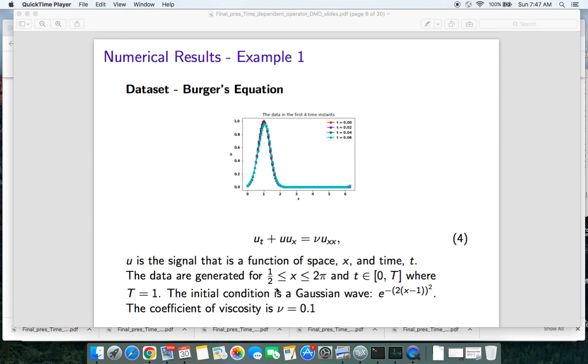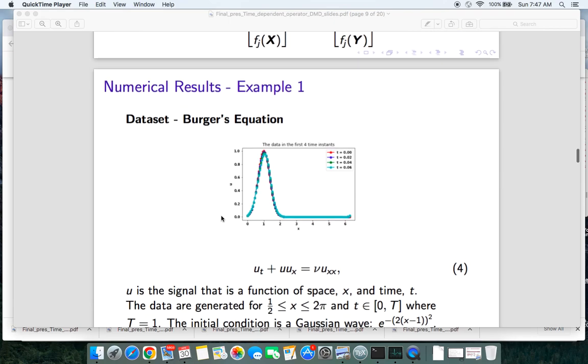X is between 0.5 and 2 pi, and t in this domain where capital T equals 1. The initial condition is a Gaussian wave, as you can see, and nu is the coefficient of viscosity, and it is set to 0.1.